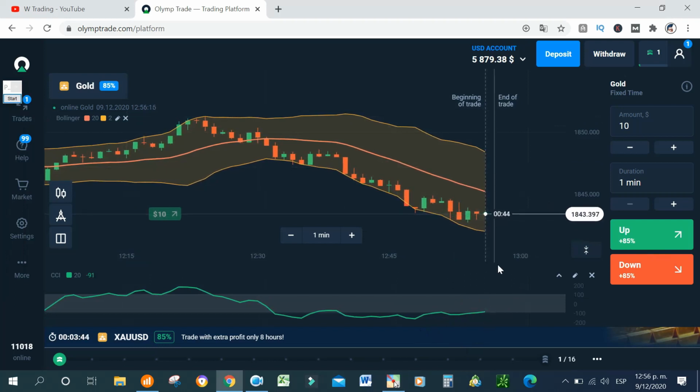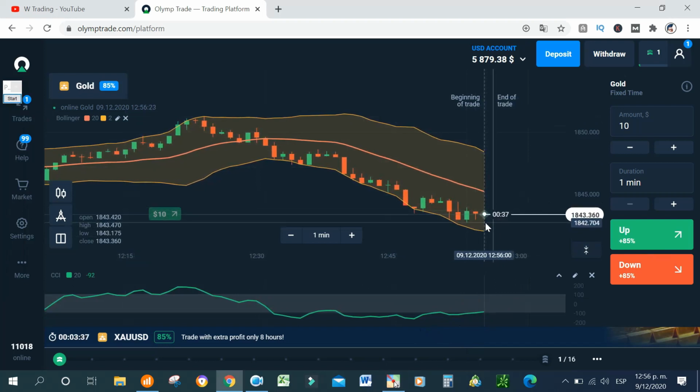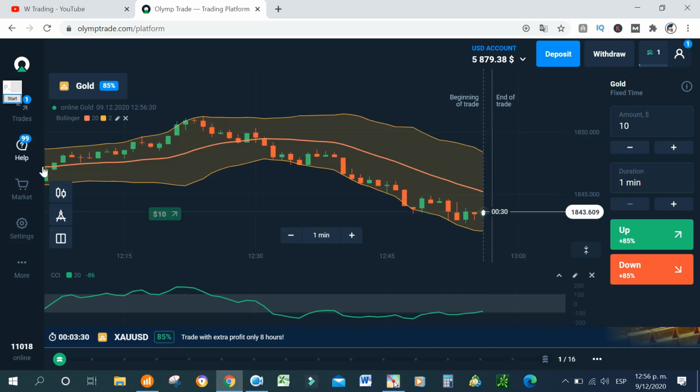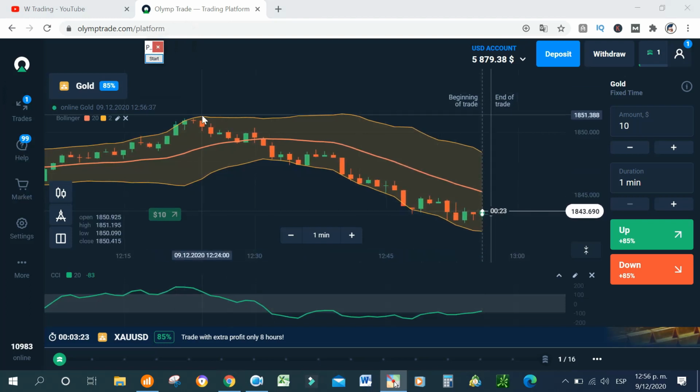Okay, if it goes down again, I will make another entry, an up entry. Okay, so guys, a key point to be profitable in trading is to be patient and be strict with your strategy.